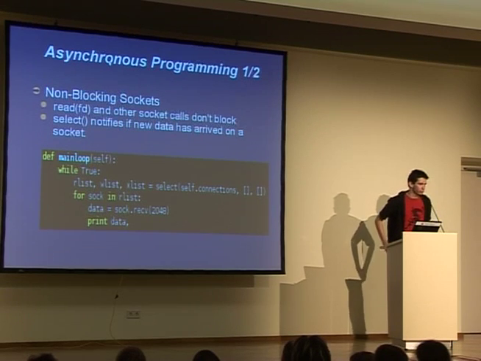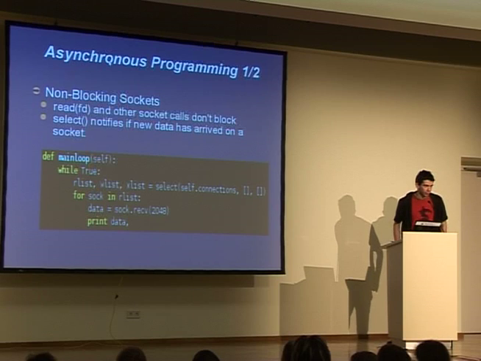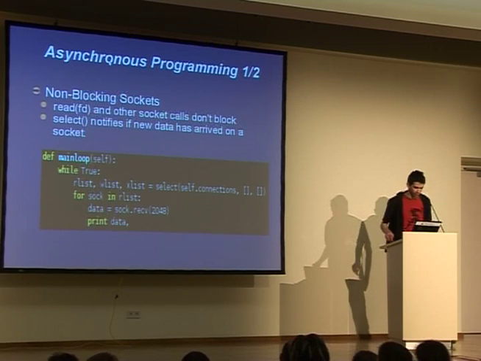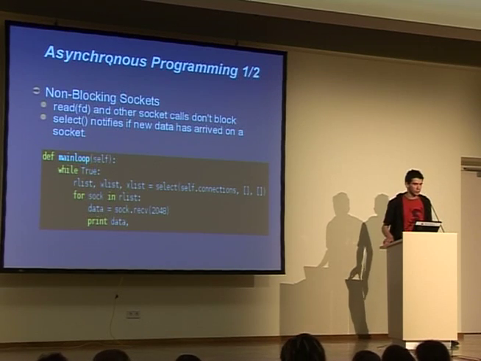So if we want to wait until data arrives on one or more data sources, we use the select statement or a poll or a KIO. Or there are lots of different ways, operating system-dependent ways of finding out if data arrives on a non-blocking socket.